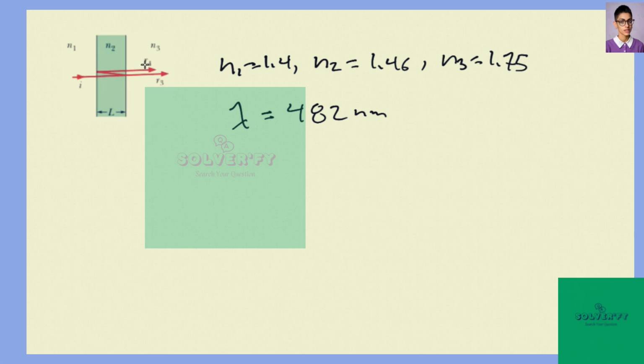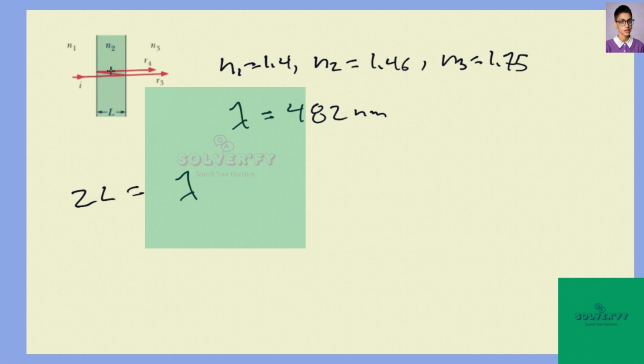So for complete constructive interference, this extra distance traveled by what's labeled here as ray 4 has to be some integer multiple of the wavelength. So the extra distance traveled is twice this thickness L, so that's 2L, must equal an integer multiple of the wavelength, but this is the vacuum wavelength that I've called lambda.